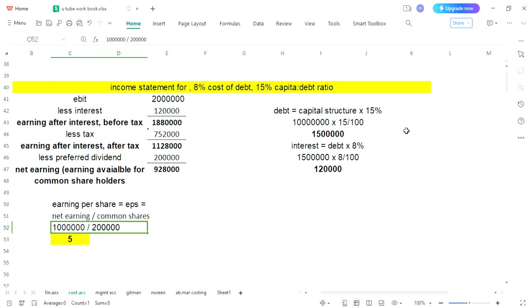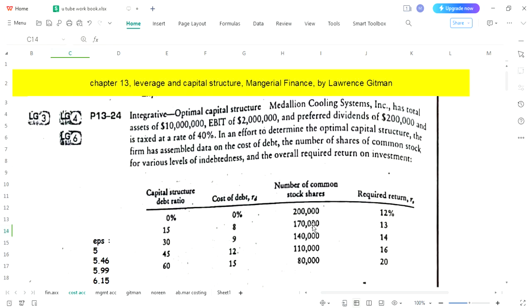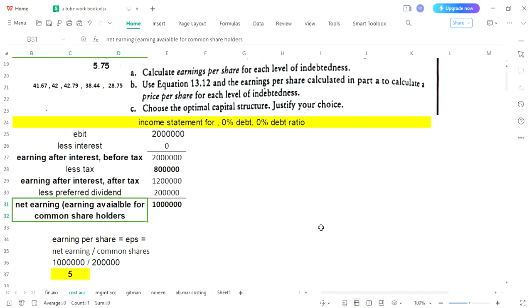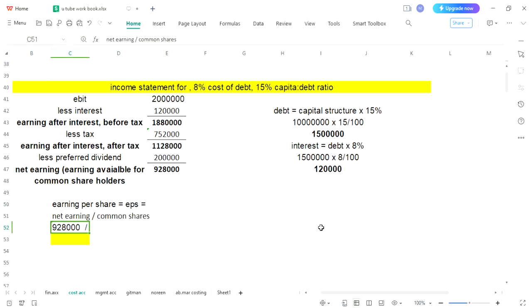It's time to calculate our earning per share, for which you need to have net earning. Net earning 9,28,000 you have calculated, and this would be divided by common shares. So let's get back to the question. Common shares for B part is 1,70,000. So here you will put 1,70,000.